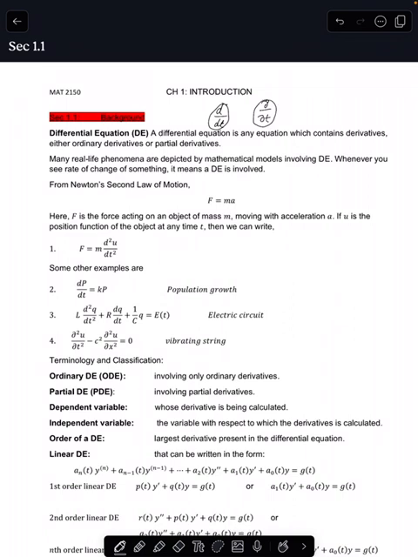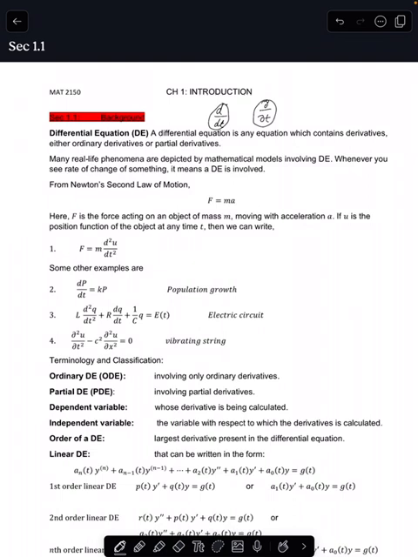So we can have a differential equation with ordinary derivatives or partial derivatives. And actually many real life phenomena are depicted by these mathematical models involving differential equations. So what is this simple differential equation?